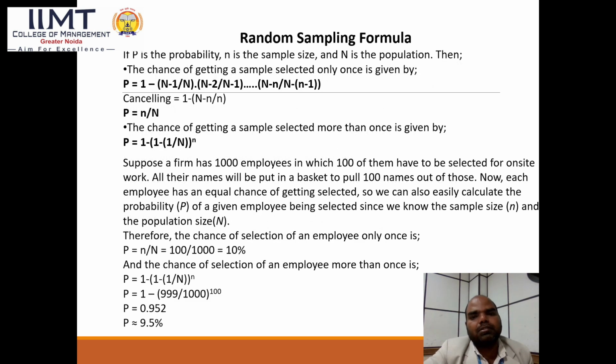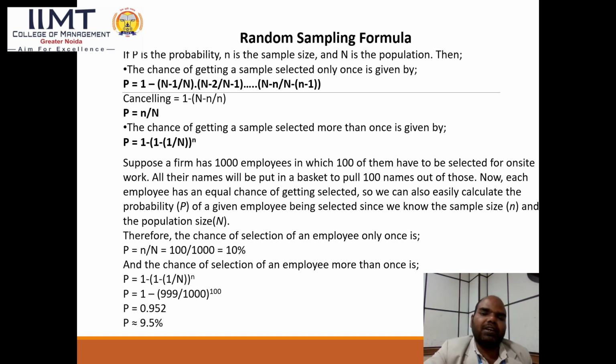Here is the simple random sampling formula. If P is the probability, then small n is the sample size and capital N is the population. The chance of getting a sample selected only once is given by P = n/N.